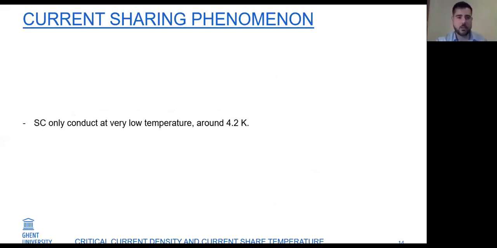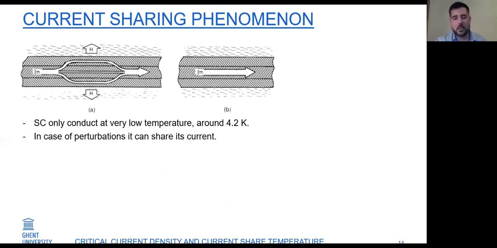Well, the current sharing phenomenon. This is about the current sharing temperature. Superconductors only conduct at very low temperature, around 4.2 K. And the thing is that if some perturbation occurs in these materials of superconducting cables, it can share its current because each strand is surrounded by copper.